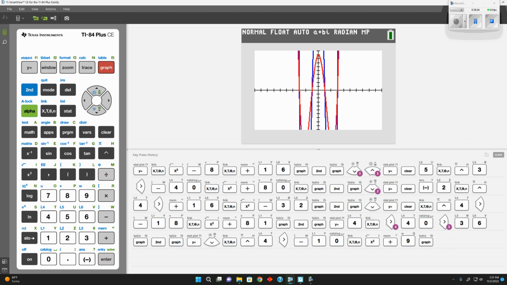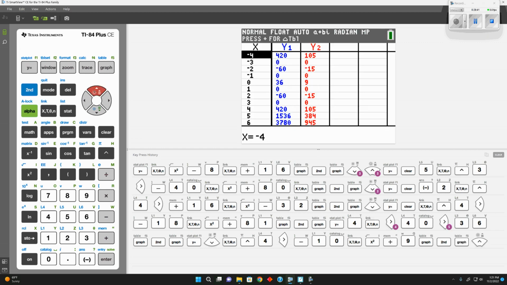It's kind of hard to see it here, but the graphs do look different between the blue and red. If we look at the table, the blue ones are our ones where we have the 4 included. The ones in red are the ones where it's not. If we look at, say, when x is negative 4, for the one that has the 4, the y value is 420. If we divided that 4 out, we now have 105.